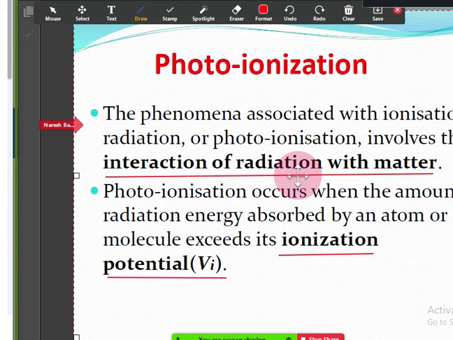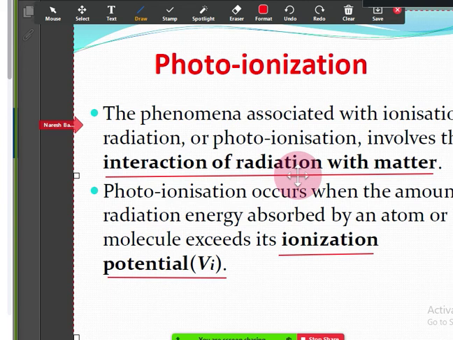So that is the important point. Here also, for the atom to emit an electron, the energy given by the radiation falling on it should be greater than the ionization potential. Then only the atom will emit an electron. So whatever radiation falls on the atom, that energy is absorbed by the atom.